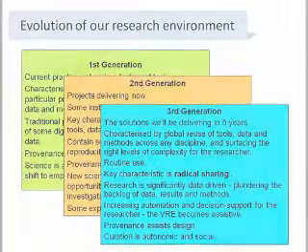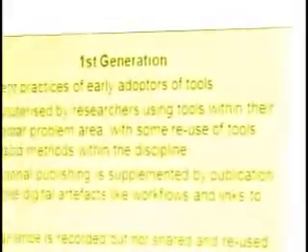If we look at the set of projects as they stand, the practice of our Taverna users and our myExperiment users today, these are the sort of characteristics we see. We're calling these first generation technologies. So people are using the tools within their own problem area. We get a few examples of work that's going across areas, not so many at the moment.